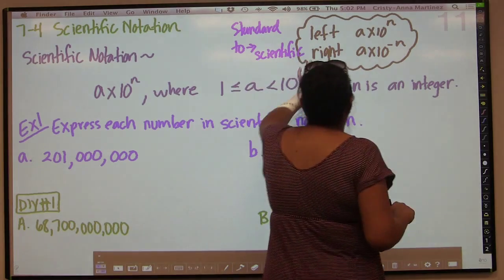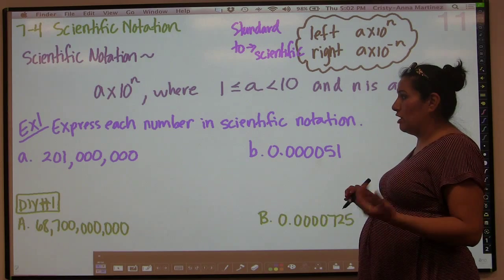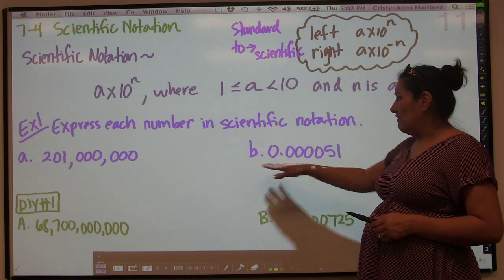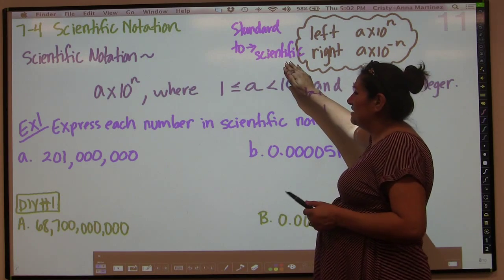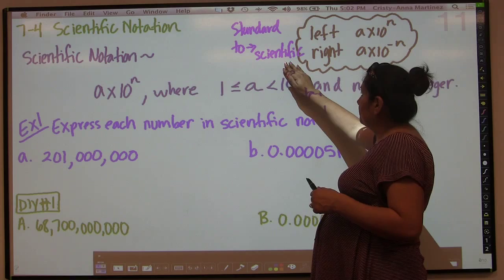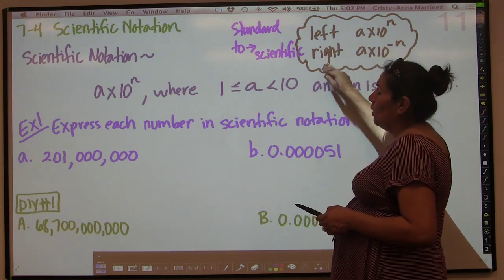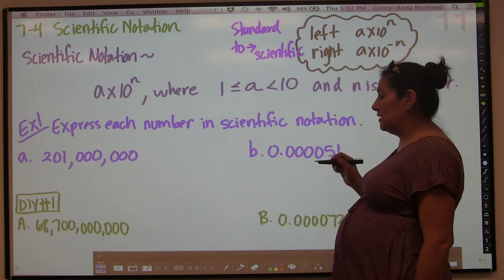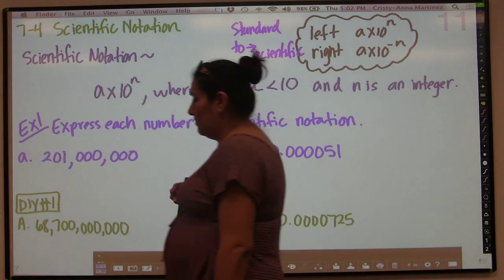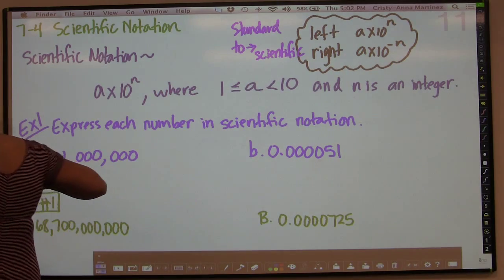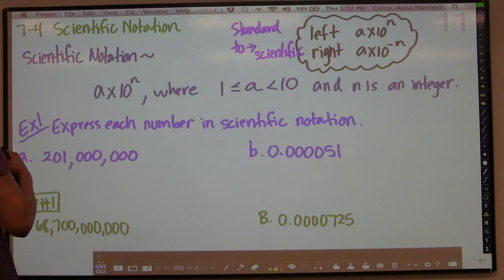It depends on which direction you're going. We have numbers that are considered standard form, which is what we have in example 1. If you want to go from standard form to scientific form, you need to move the decimal either to the left or to the right, until the decimal point is to the right of the first non-zero digit.